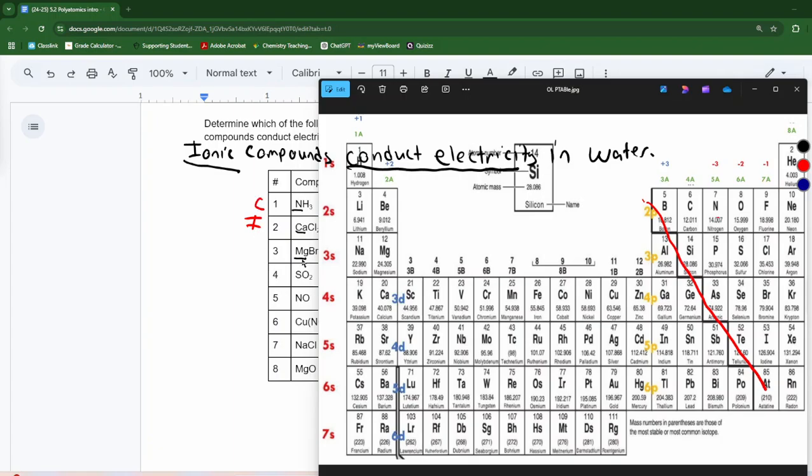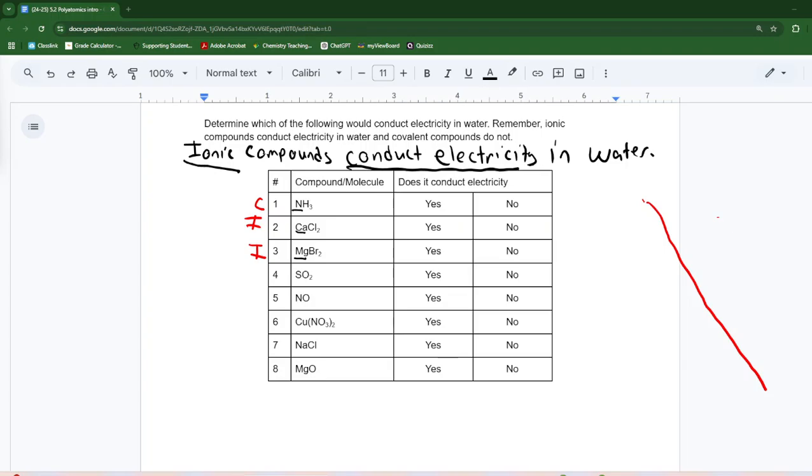Let's look at this one, Mg. Magnesium is right here. Magnesium's definitely a metal. This is ionic. I don't have to look at anything else. I just need to see, is the first thing a metal? If it is, it's ionic. Let me clear all this up for us real quick.